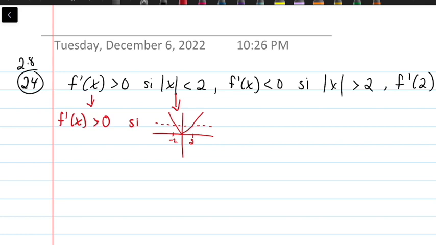So smaller, it's going to be inclusif. So what that means is x est entre -2 et 2.